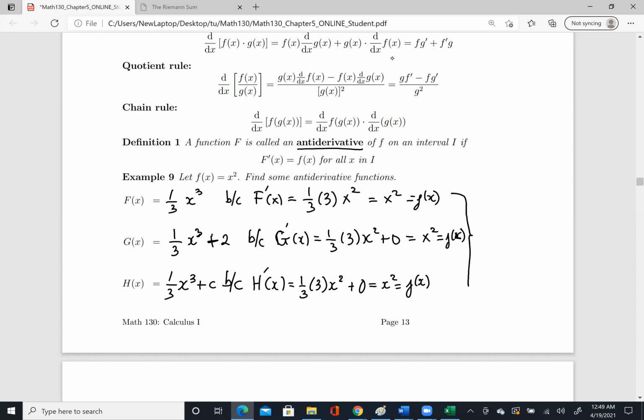So now you can say f, g, and h are all antiderivatives.